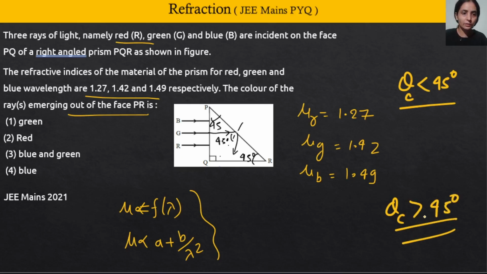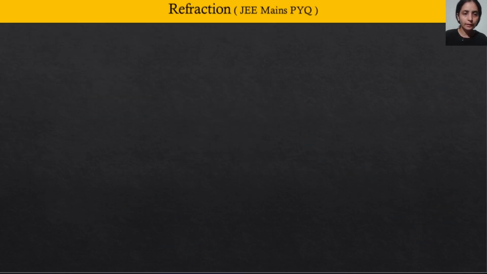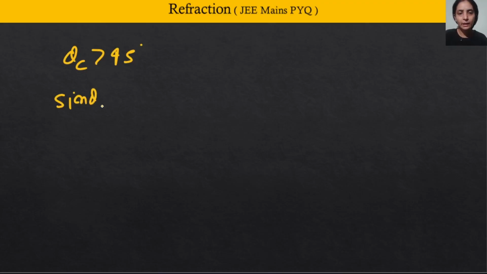So let us focus on this relation. Theta c should be greater than 45 in order for light to come out. Take the sin value on both sides. Sin theta c should be greater than how much? Sin 45.